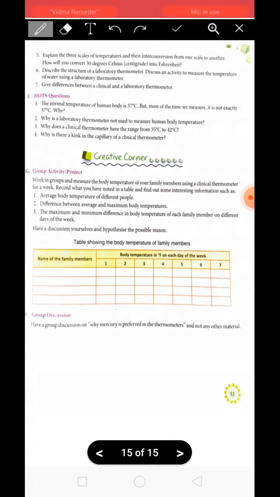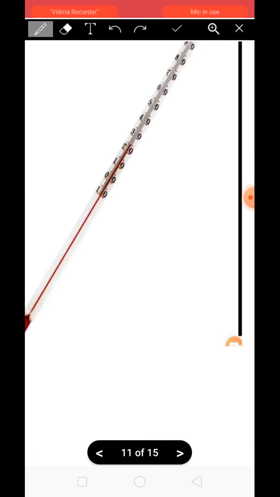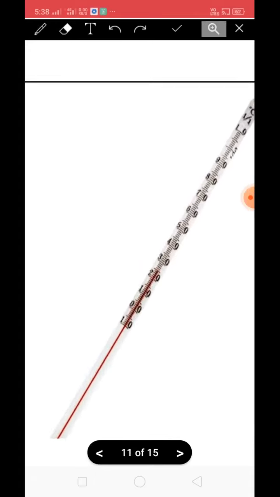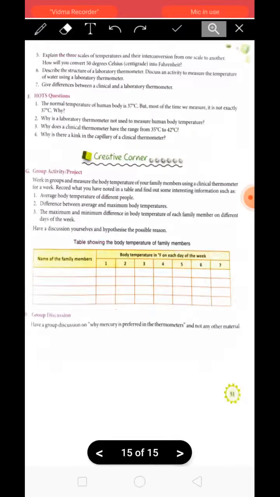And there is one more point: when you look at the laboratory thermometer carefully, you can see that we have different lines, but after 10 lines the digit increases by 10. It means each line indicates 1 degree centigrade. So we cannot measure the temperature in points, which is also very crucial to measure. Understood?